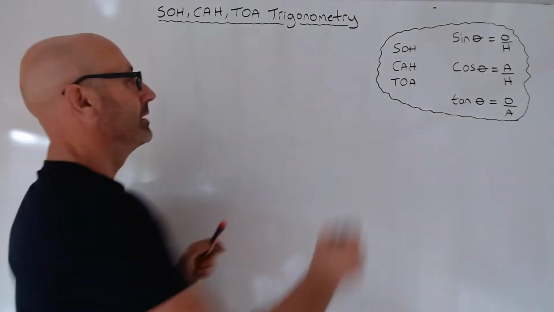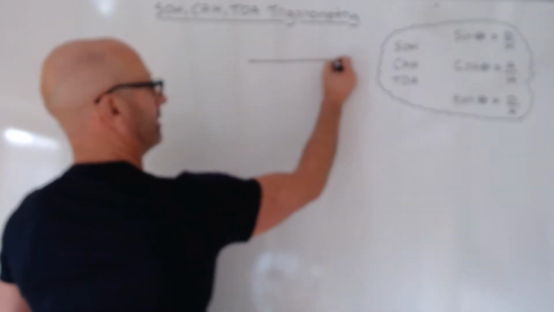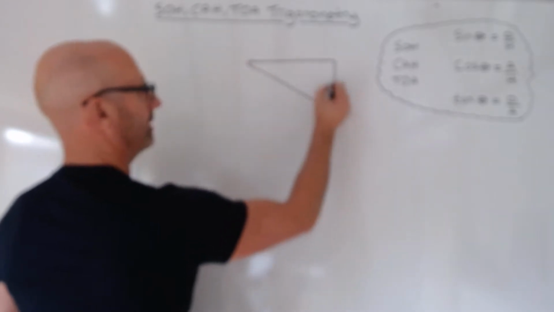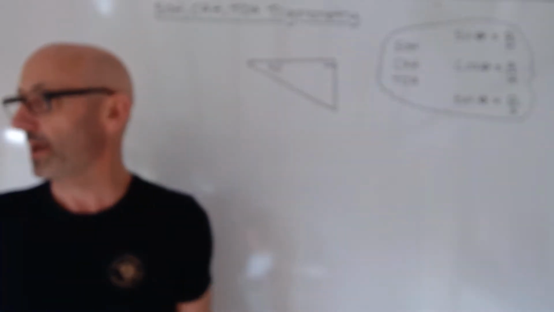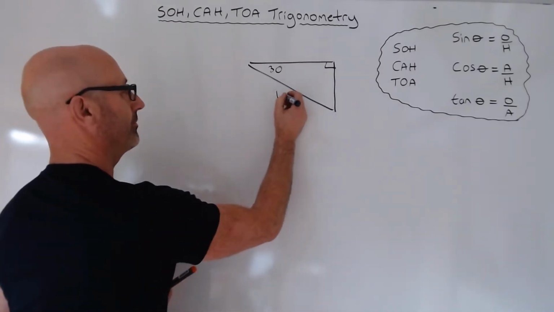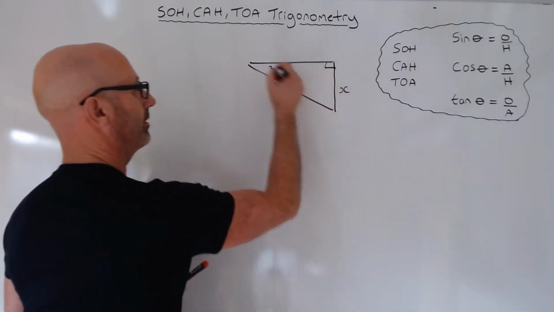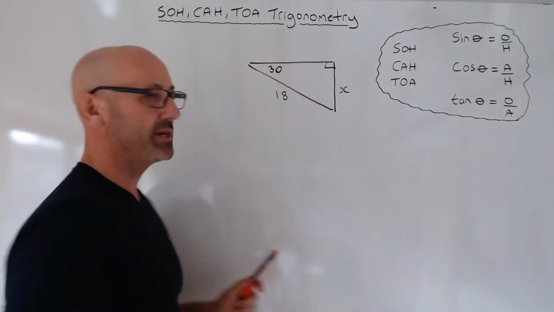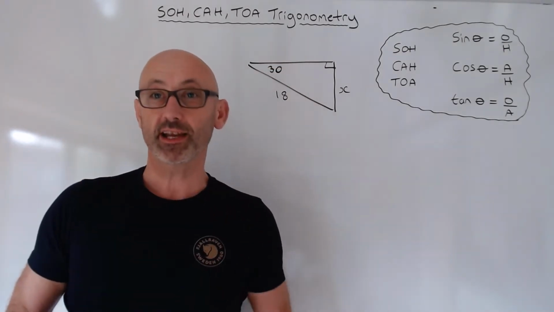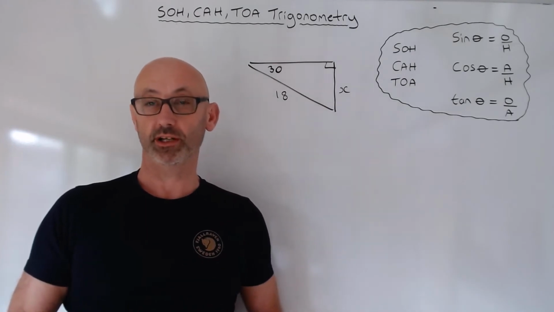Here is a triangle. It's supposed to be 30 degrees. What do you think the first thing is you're going to do, Nina?